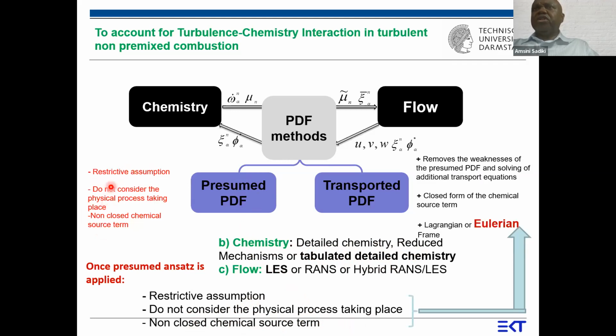If we transport the PDF, we remove this weakness of the presumed PDF. We solve the transport equation, and we get from it the chemical source term in a closed form. Then we can couple this, but the solution can be made by a Lagrangian formulation or an Eulerian one.